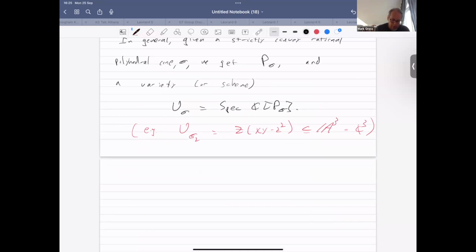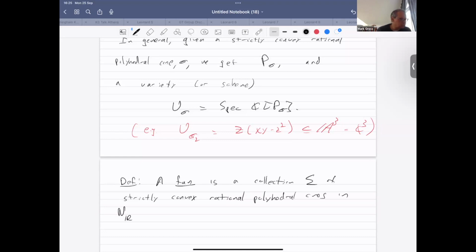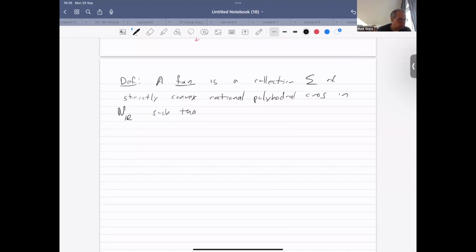Okay, so next, we're going to start putting these things together. So we introduce the notion of the fan. The fan is a collection sigma of strictly convex rational polygonal cones in N_R such that, first of all, whenever sigma is a cone in the collection and tau is a face of sigma, then tau is also in the collection.